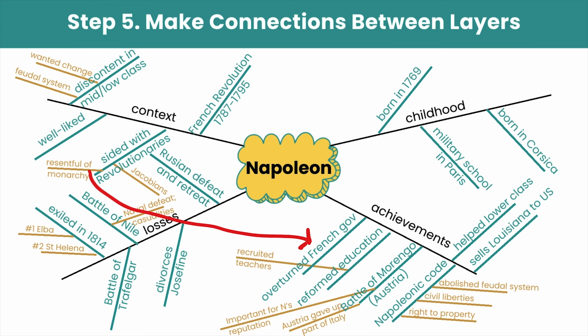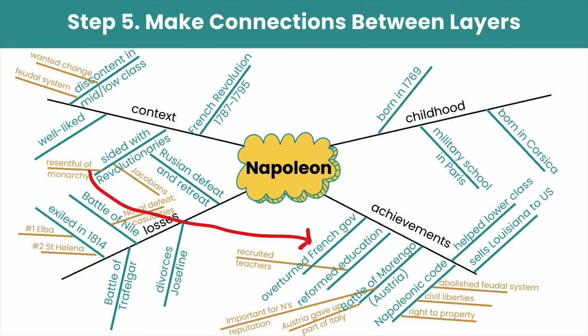And mind mapping, step 5, which is making connections between layers, allows us to connect new information to other existing information and form sort of clusters of facts, clusters of knowledge that together will make it last longer in our brain. So if you look at my little red arrow here, I connected resentful of monarchy to overturned the French government, right? One thing led to another. That's essentially the French Revolution in a nutshell, right?